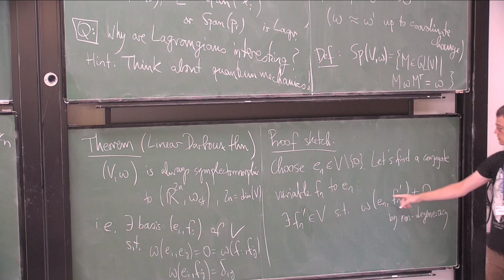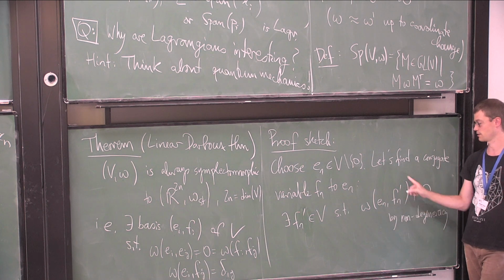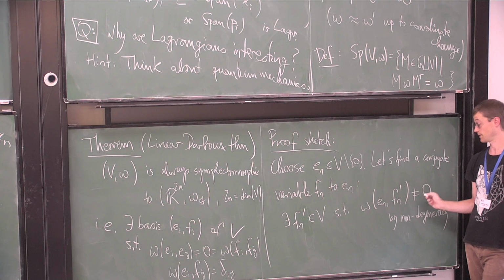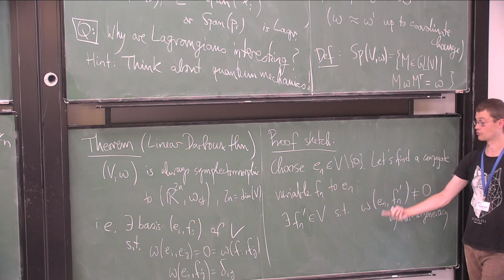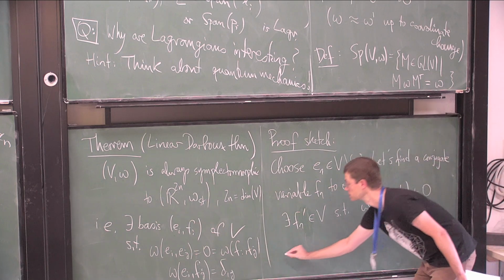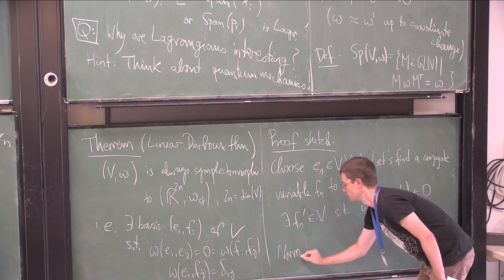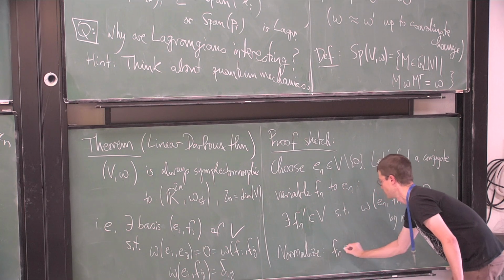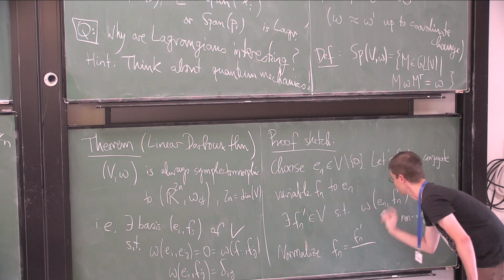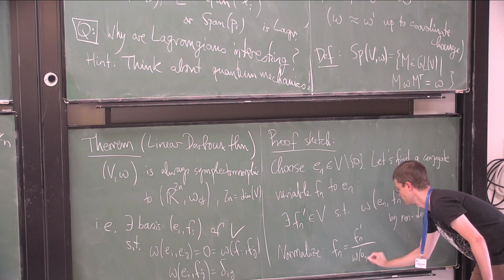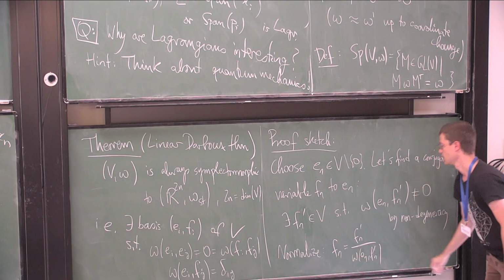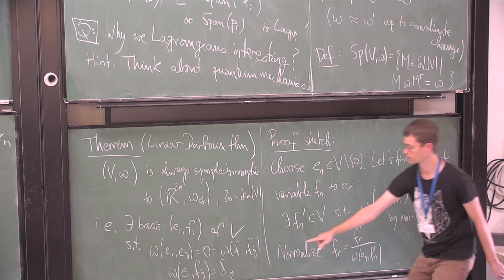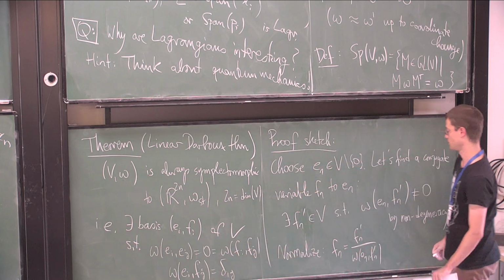It says whenever you have a non-zero vector, you can find another vector which pairs to something non-zero, and then you can just renormalize. f1 should be f1 prime divided by omega of e1, f1 prime. And then it pairs to 1. That's what we want: omega of e1, f1 to be 1.